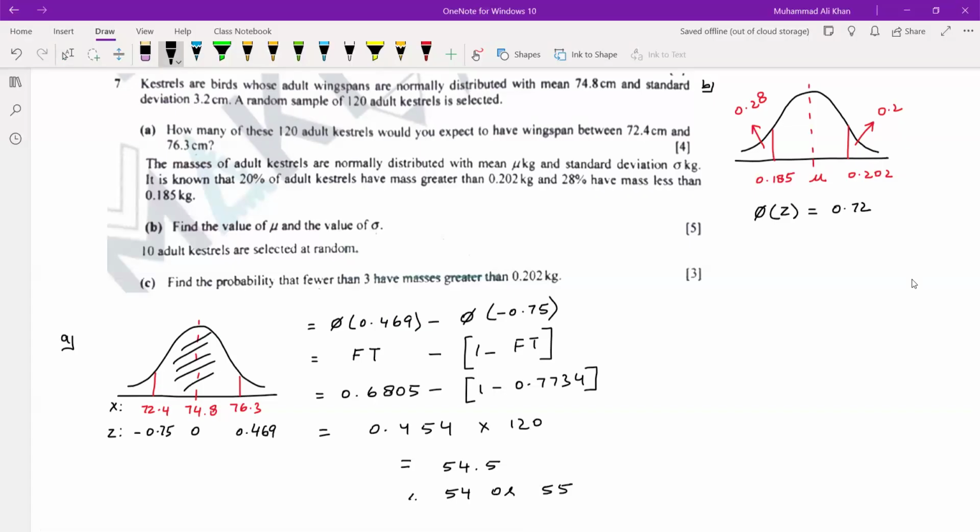Calculate the value of Z for this probability. The value of Z will be minus 0.583. Why minus? Because it is before the mean.